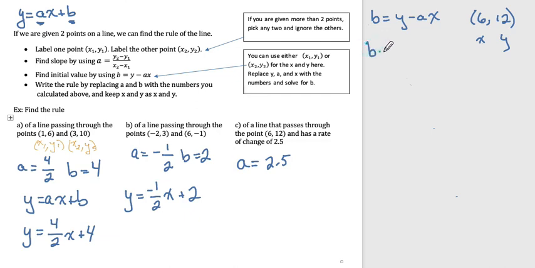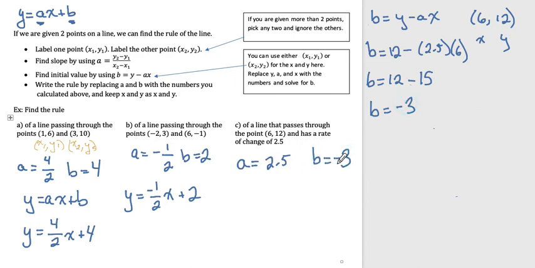So b equals y, which is 12, minus a, which is 2.5, times x, which is 6. So if we do this multiplication, b is 12 minus 2.5 times 6 is 15. So b is 12 minus 15, which is a negative 3.